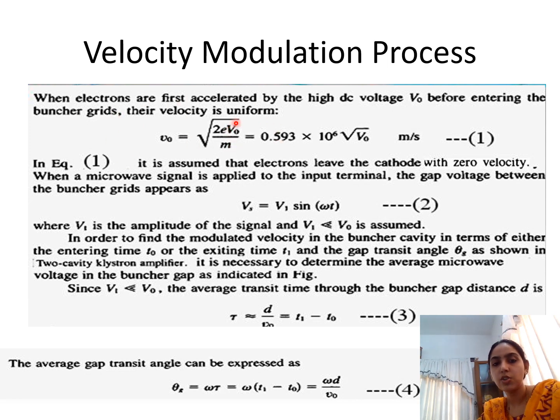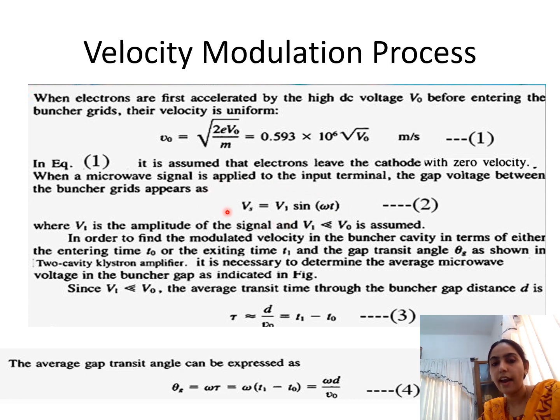Here capital V0 indicates the DC voltage which we are applying. Now when a microwave signal is applied to the input terminal, the gap voltage between the buncher grids appears as Vs is equal to V1 sin omega t. So we have seen a signal voltage existing in the buncher grids.